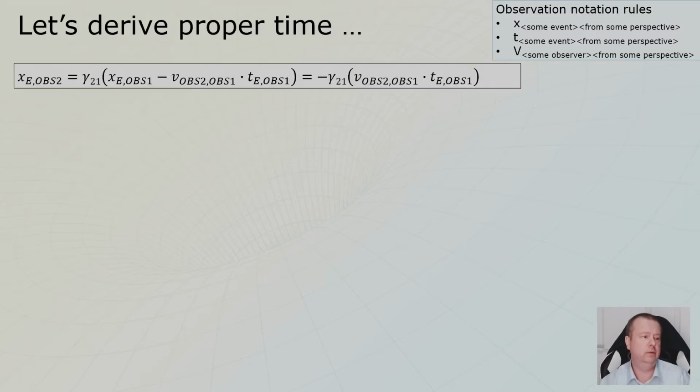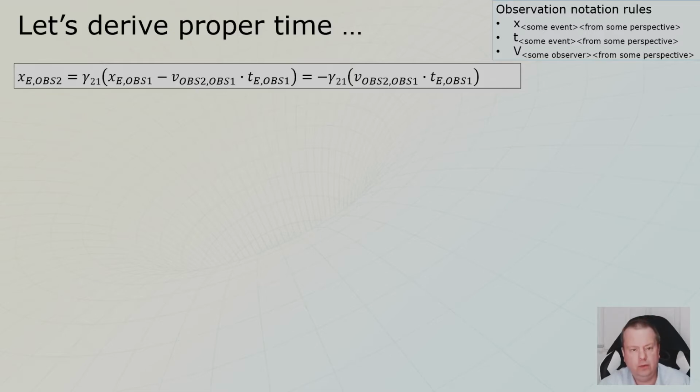So this is the Lorentz transformation for location. Observer 1 will be the stationary observer in our point of view.